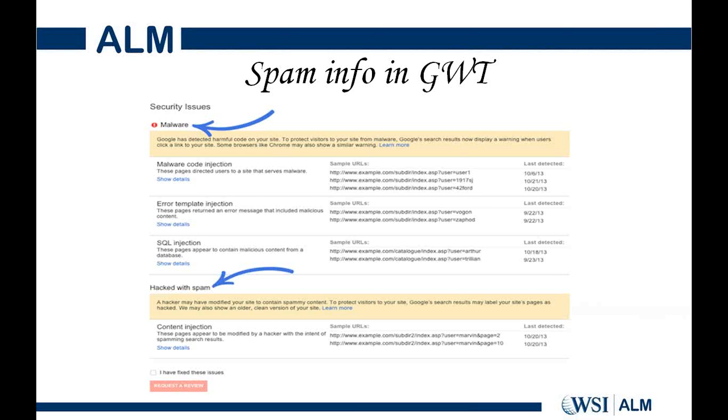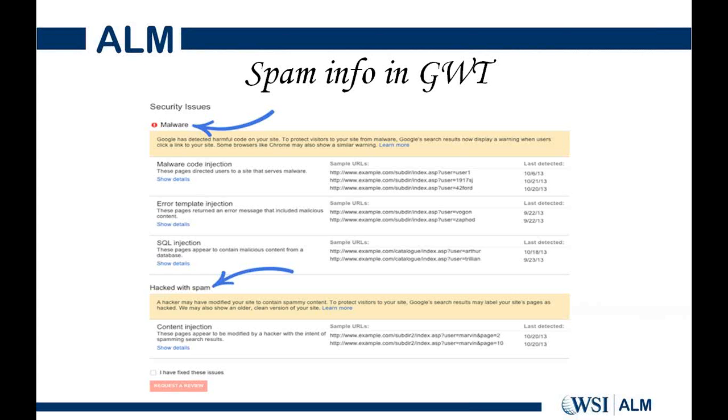So there are two very important pieces of information. One is the detailed security issues info that Google is now displaying in your Webmaster Tools console. If you don't have it set up for your clients, please do set it up, because that is your website's direct communication with Google. The second important thing is they're giving you an opportunity to let them know that you fixed the issue, because in the past, again, it was a wild goose chase: resubmit your sitemap, get Google to reindex all your URLs, and hope and pray that the message disappears from Google's index.